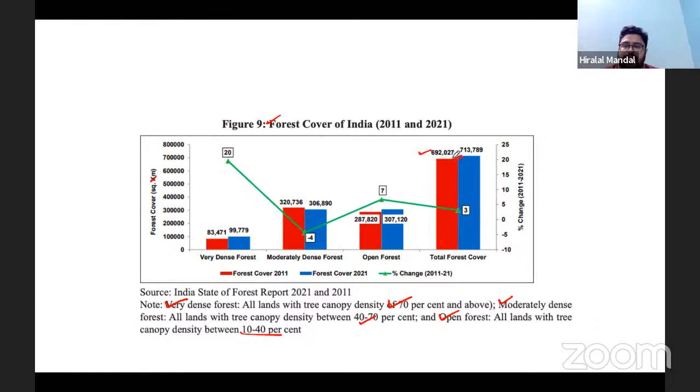We have seen India has already recovered some of the forest area, and it has gone up to 7,13,789. So in terms of total forest cover, India has gained.